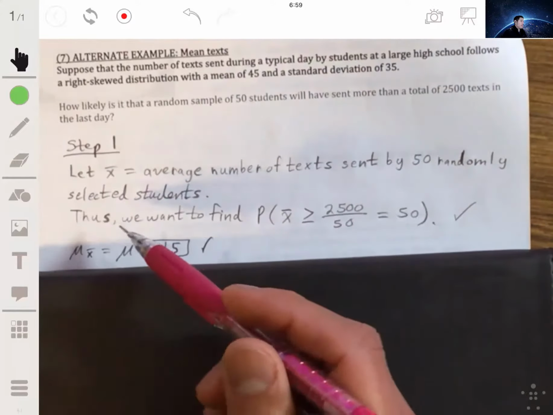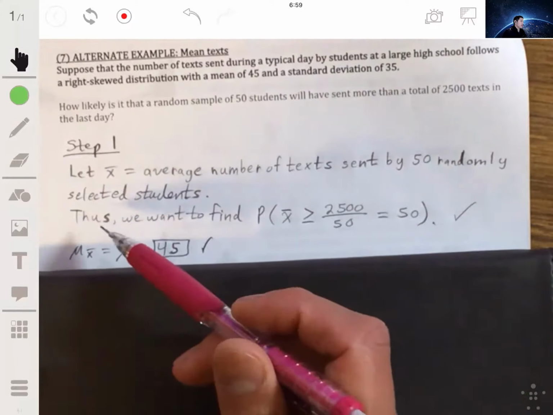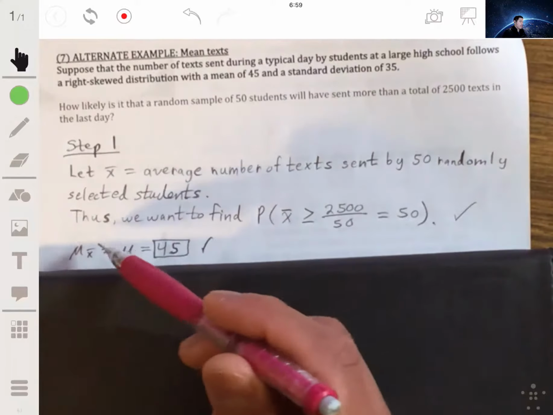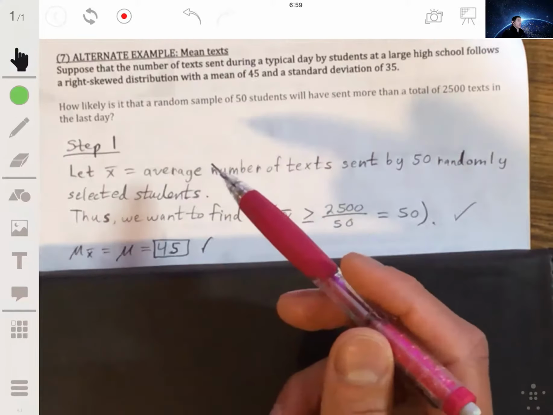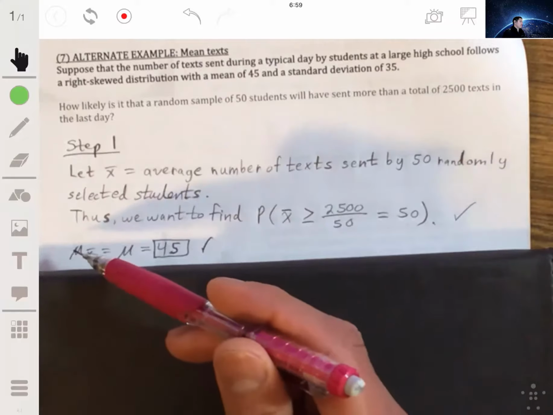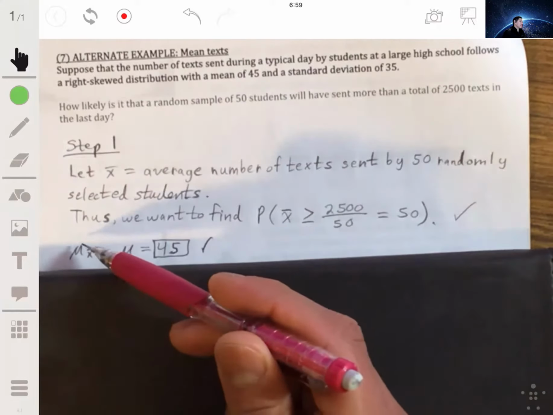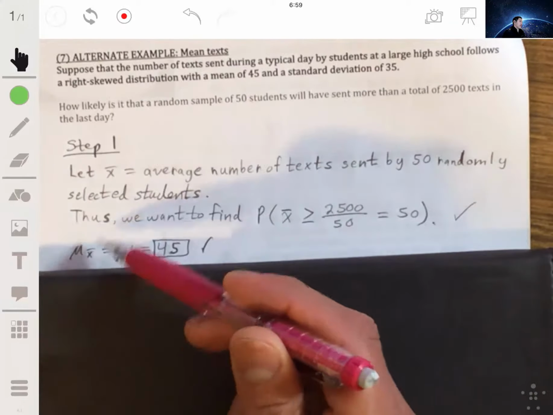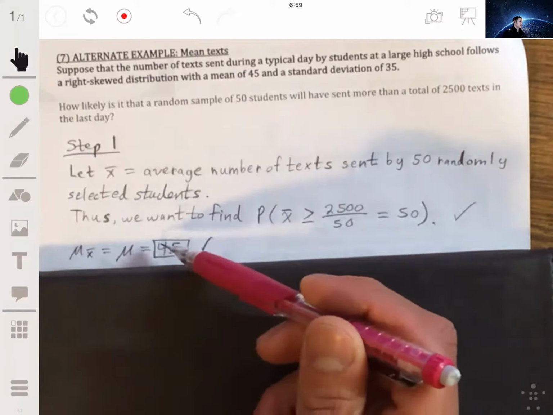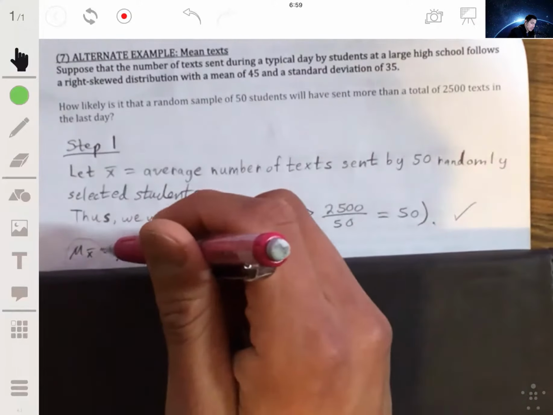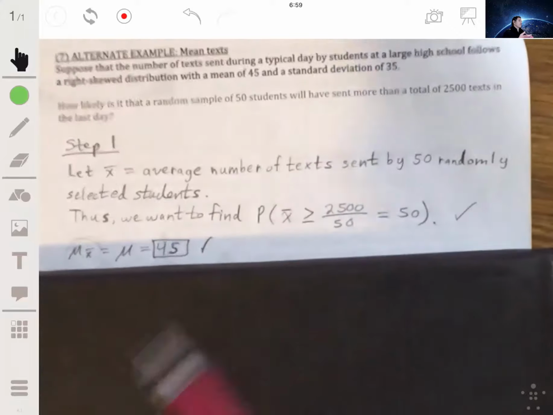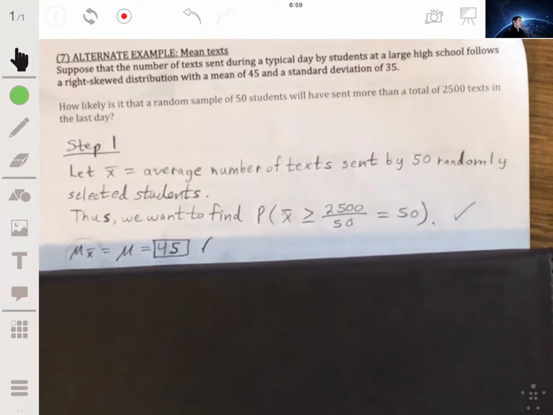And make sure you also practice using the correct notation. It's kind of weird at first, but it makes sense, technically, I guess. The mean of the sampling distribution of X bar is what we have here, and that's equal to the population mean, which is 45. But what we're actually working with is this. This is the correct way to write it.